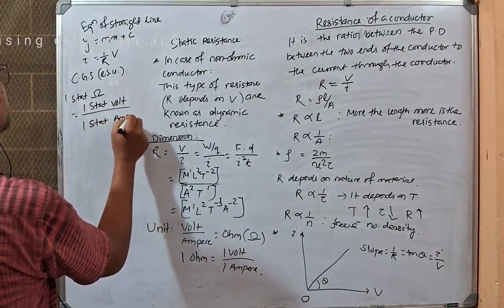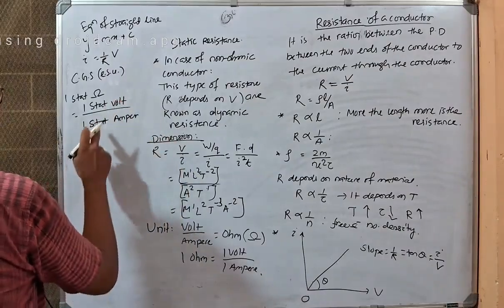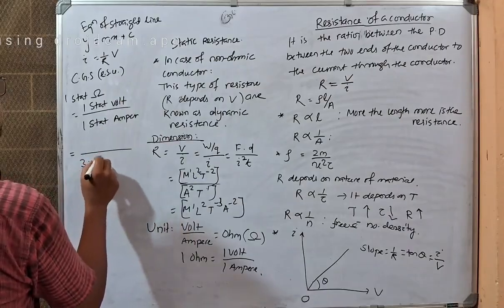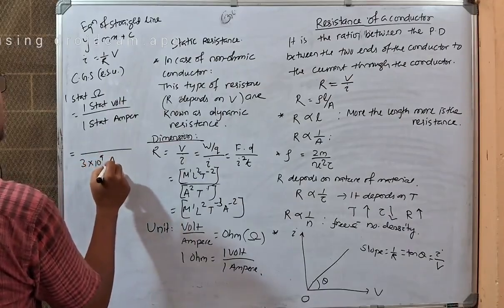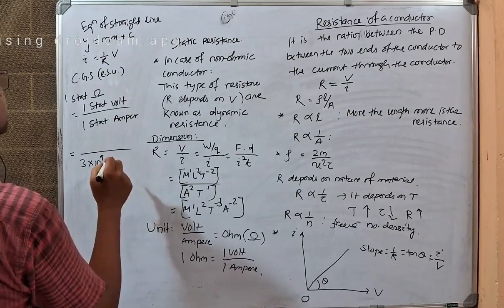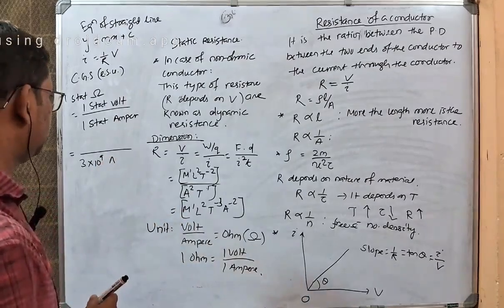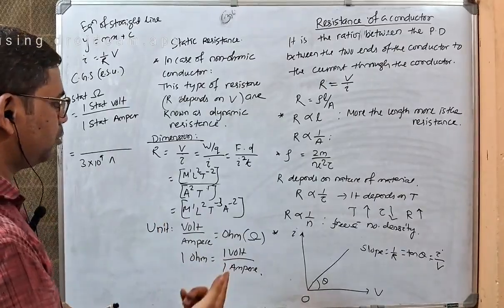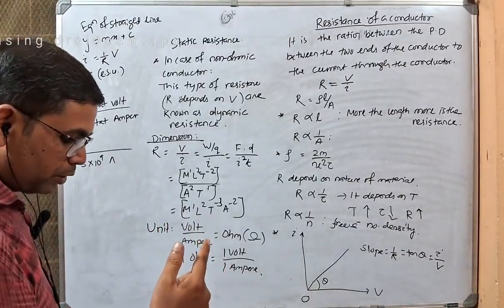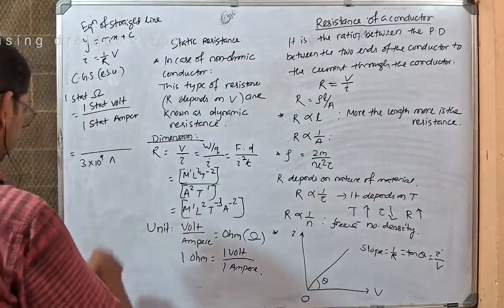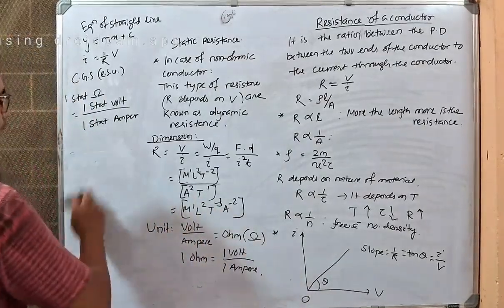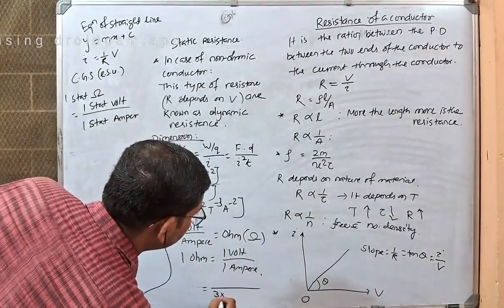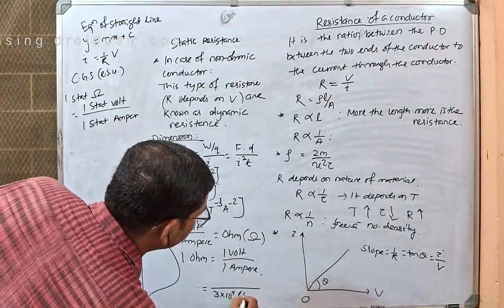So do you remember one relation between stat ampere and ampere? 1 ampere is equal to 3 into 10 to the power 9 stat ampere. Okay.